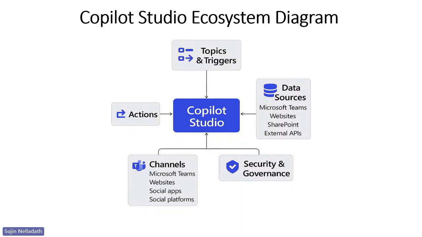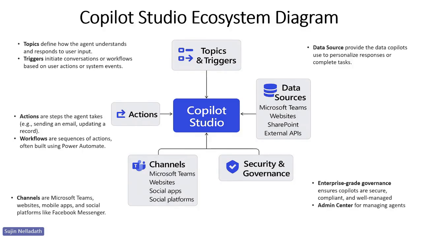That's something great here. And as you could see, there are many things like topics and triggers and actions, channels, security, governance, and data sources. Right. If I go a little deeper, the topics and triggers are where you manage your input. In the topics, you define how the agent can understand the user input. So the user will ask something, and if you have not trained your agent to answer that question, that keyword, or that response, the agent will not be able to respond.